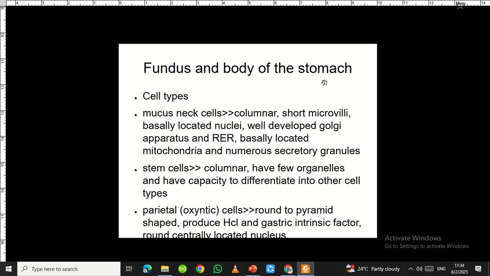That's why we would say that if there is surgery of the stomach or removal of the stomach, there is going to be pernicious anemia, which is caused by lack of vitamin B12, because we no longer have the intrinsic factor that is important for the absorption of vitamin B12 in the small intestines.